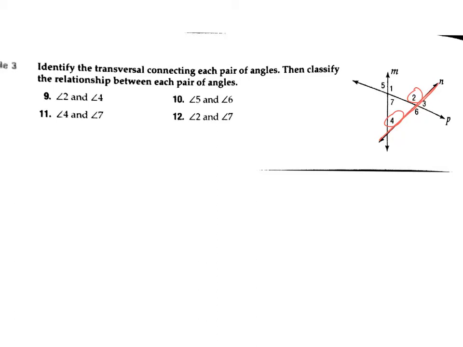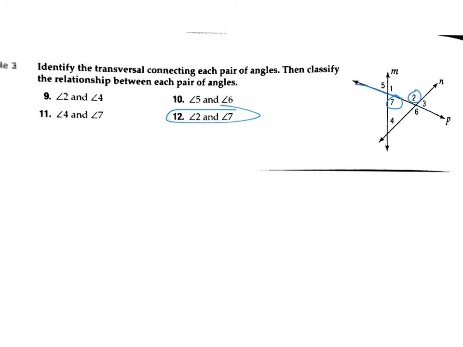Now, where are they located? 2 is on the outside, 4 is on the inside, but they're on the same side, so those would be called corresponding. Okay, let's do one more. Let me erase this. And let's do 2 and 7. Okay, 2, 7.